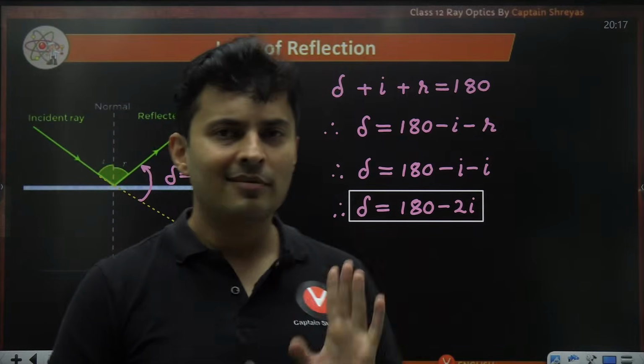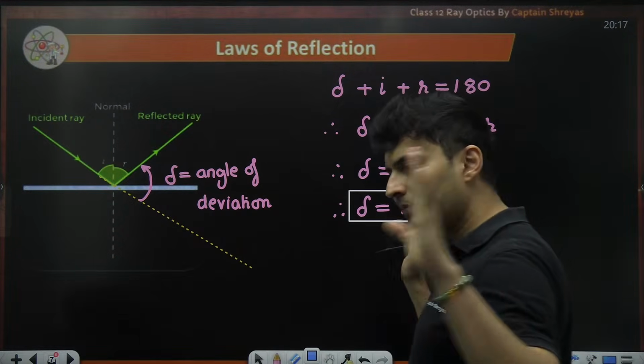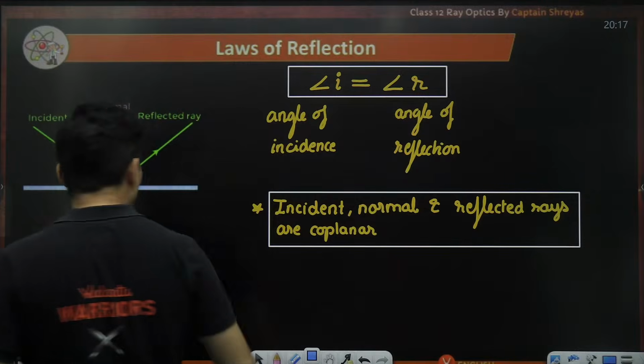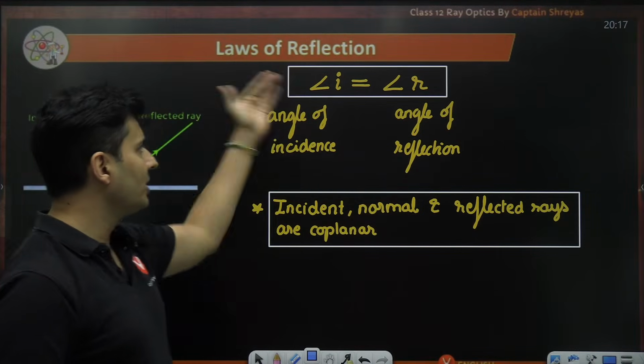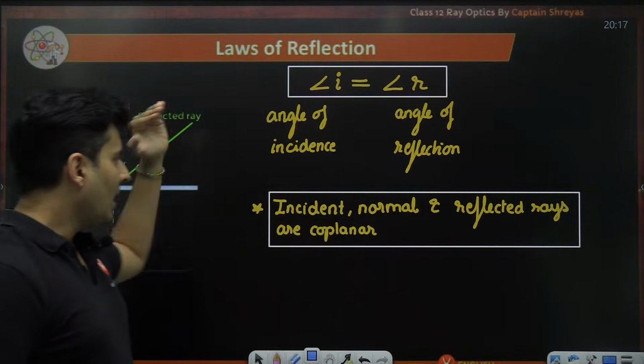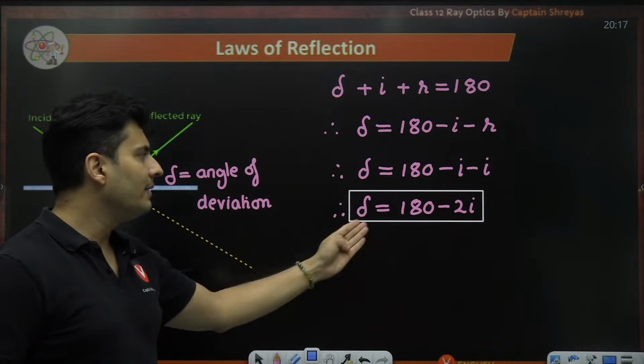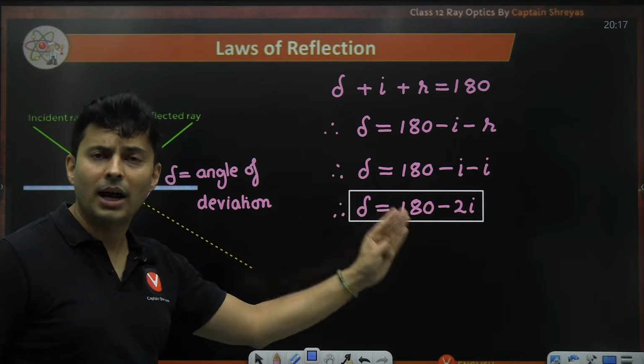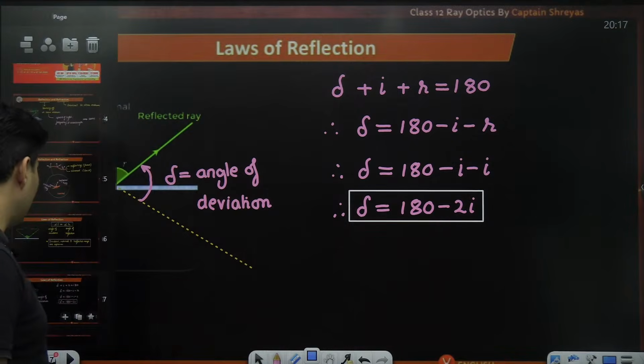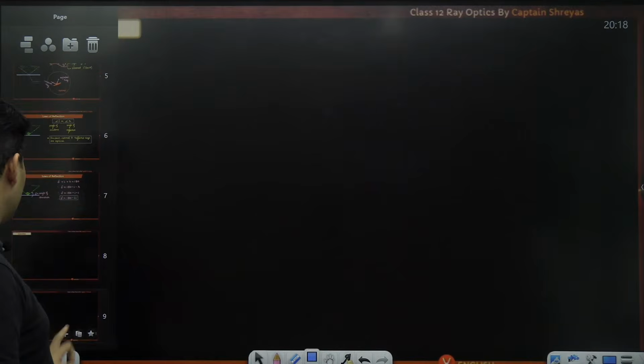Everybody with me? Very simple, straightforward. Pakka? So two things you learned over here: laws of reflection, I is equal to R; and the second thing, incident, normal and reflected rays are coplanar, and the deviation angle is 180 degrees minus 2I. Amazing. Perfecto. Now let's do some questions coming up on your screen.